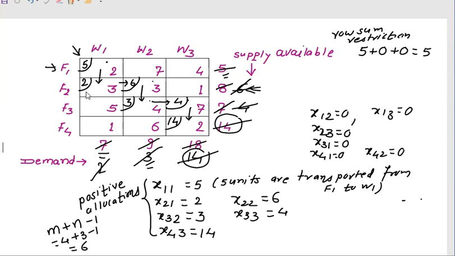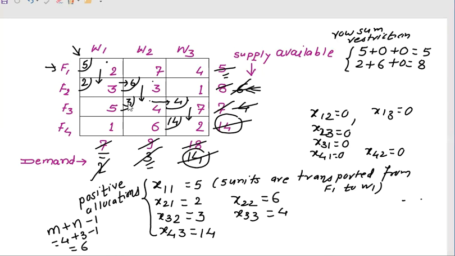Satisfied. Similarly, for the second row, how many units are transported from F2 to W1? 2 units. F2 to W2, 6 units. And F2 to W3, 0 units. So a total of 8 units are transported, and it is equal to the supply available at F2. So the row sum restrictions are satisfied.